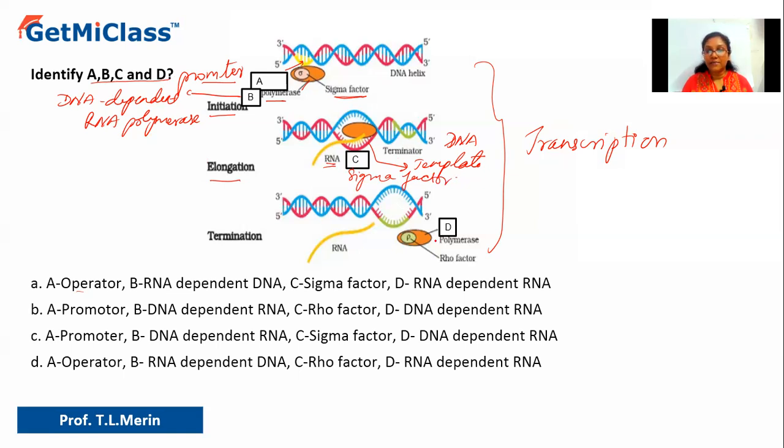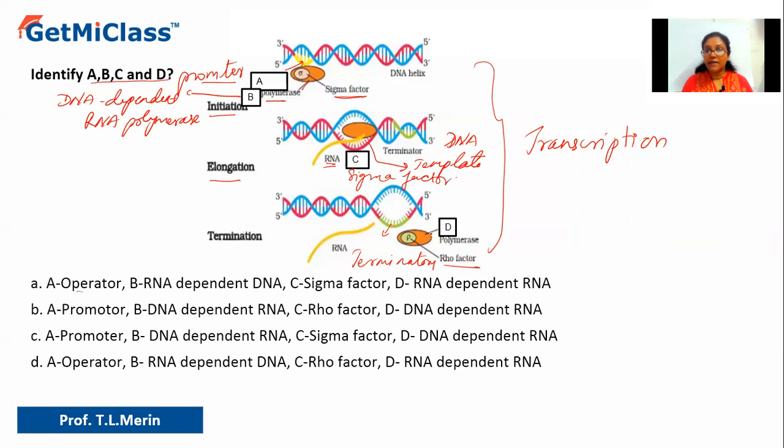Then further, here they have mentioned D. When the sigma factor moves away, RNA polymerase will continue the synthesis of RNA. And then this is the terminator sequence, where the RNA polymerase has to stop its transcription and move away. That is done with the help of the Rho factor. The Rho factor will bind to the terminator sequence and help in termination of the transcription. So that is the Rho factor.